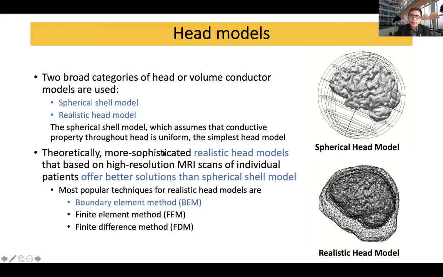More recently, more sophisticated realistic head models are used, based on high-resolution MRI scans of the individual patient, and they offer a better solution than the spherical shell model. The most popular techniques for realistic head models are the boundary element method, or BEM, the finite element method, or FEM, or the finite difference method, or FDM.